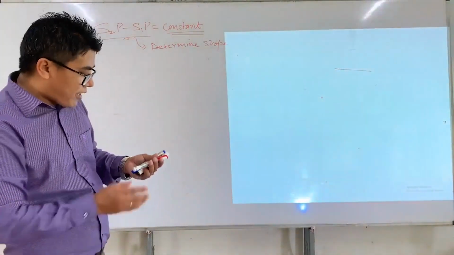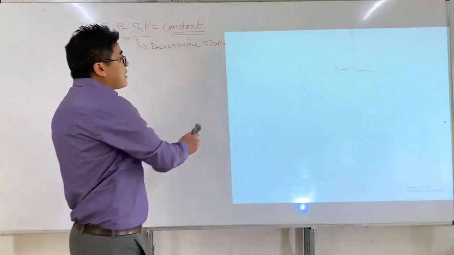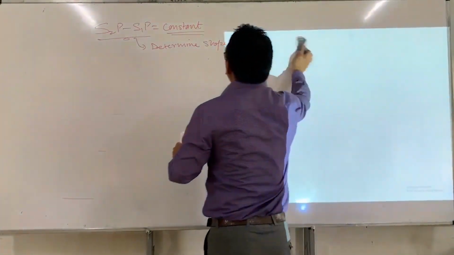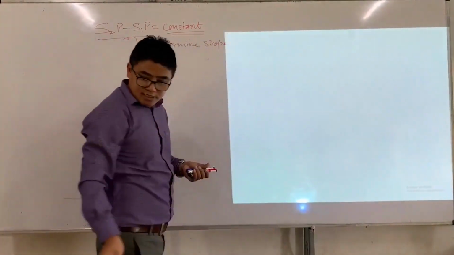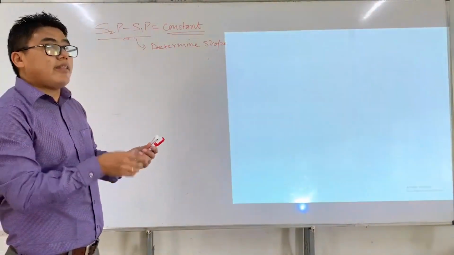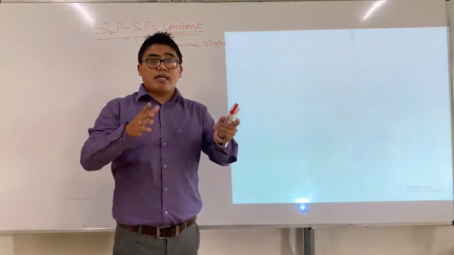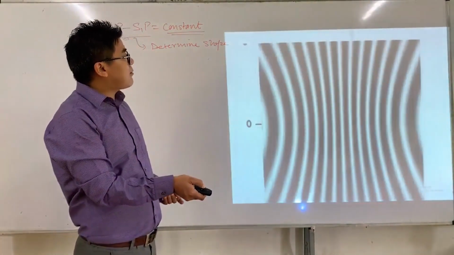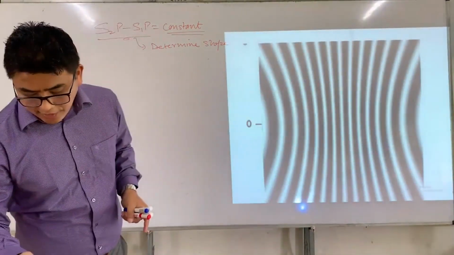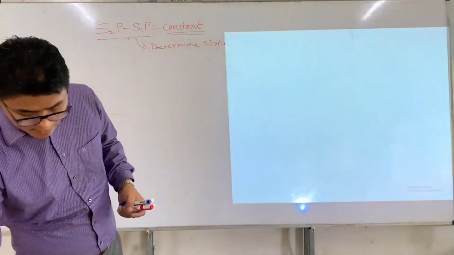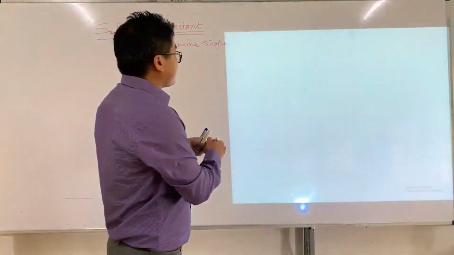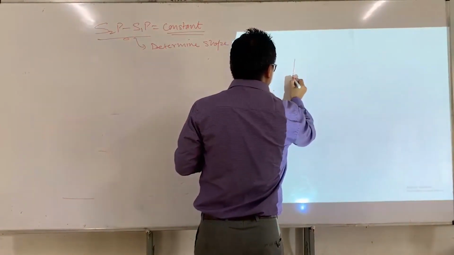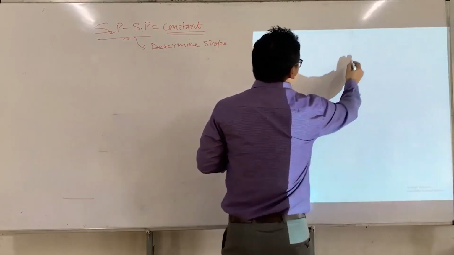Now the next point I would like to discuss, we are done with the shape of the interference fringe. Even in the textbook, these two diagrams are there, so go and see them carefully. Now, let's say I have this S. This is a screen.